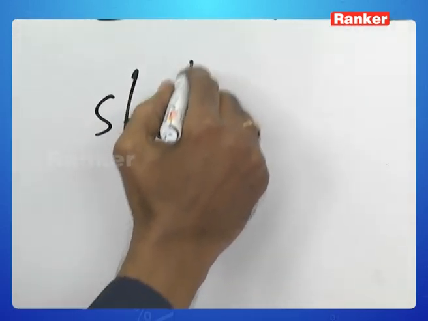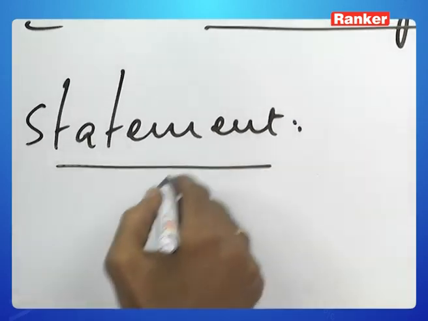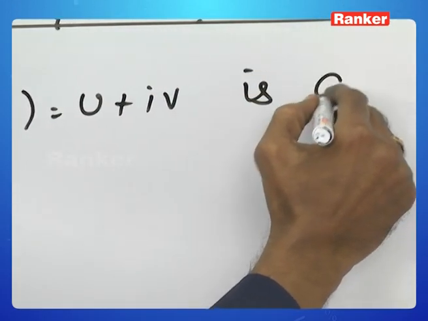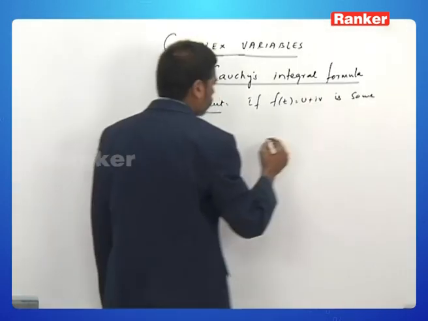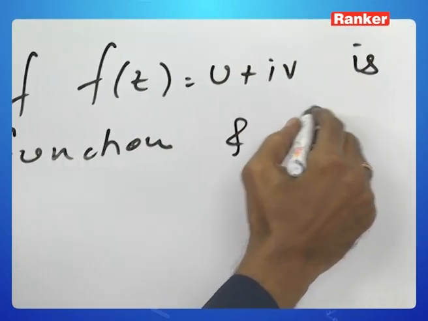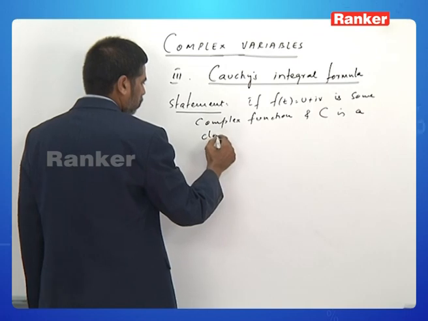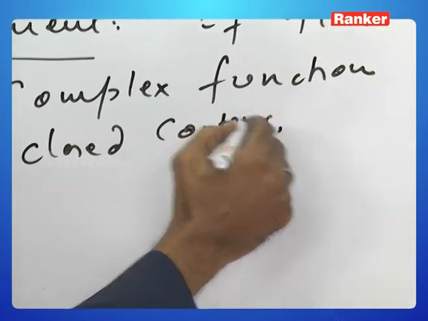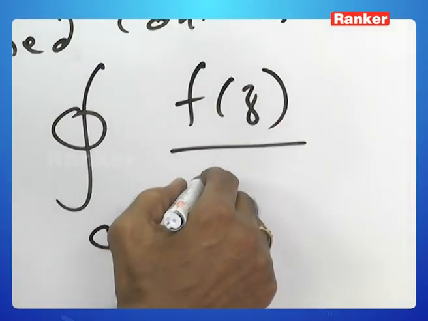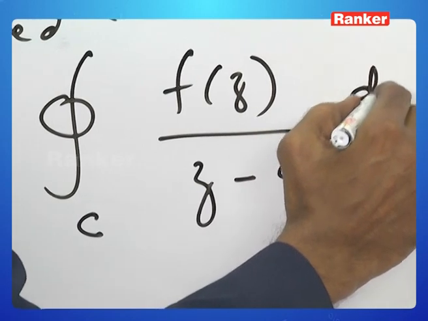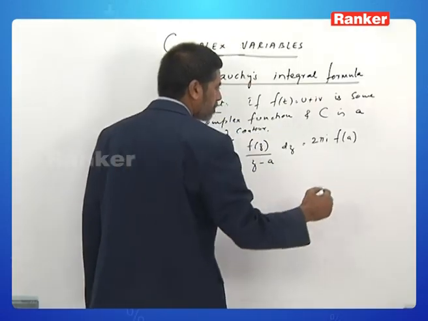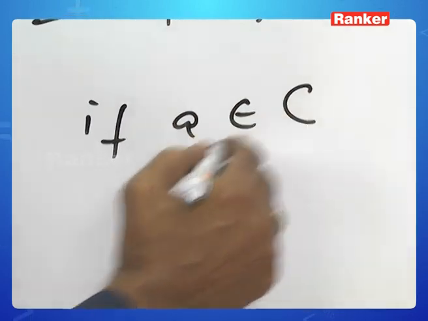The statement is: if f(z) is equal to u plus iv is some complex function and C is a closed contour, then the integral over C of f(z) by (z minus a) dz is equal to 2 pi i times f(a), if a is inside the contour.